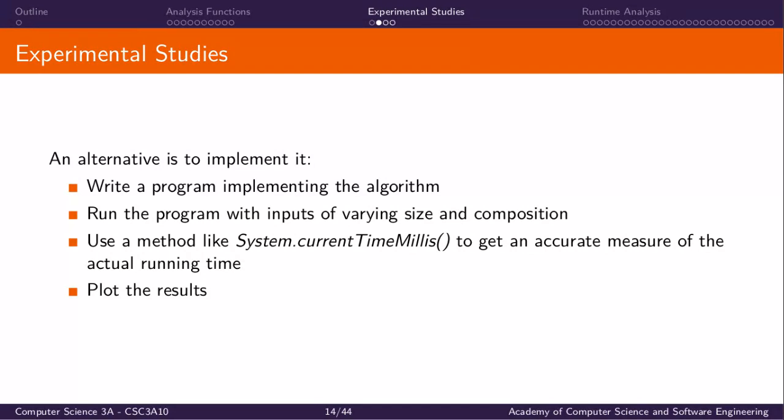So we could write the program, fully implement it, run that program for varying sizes of inputs, and then use a method like this Java one that takes an accurate measure of time. We could do that before and after our function, and subtract one from the other. That gives us the length of time that has elapsed while that function has been running. Then we could plot those results for our various inputs, and that would show us how this particular method performs for different inputs.